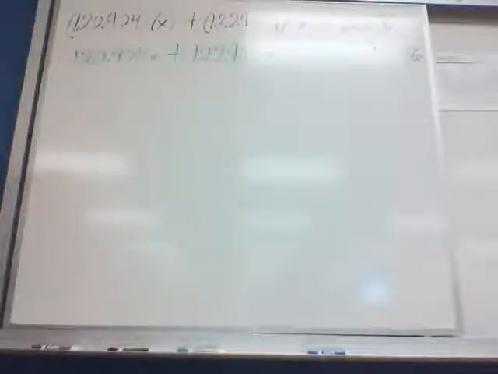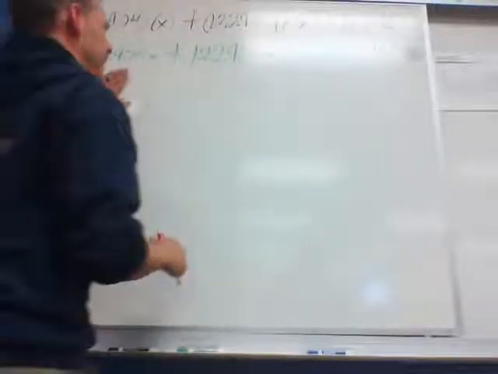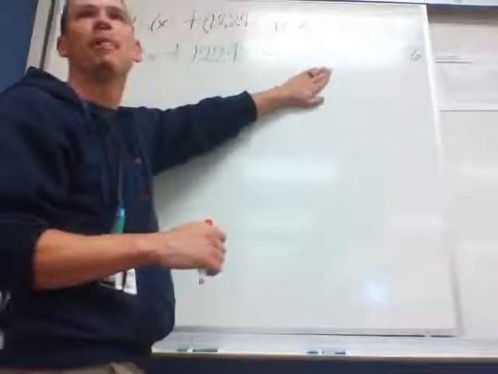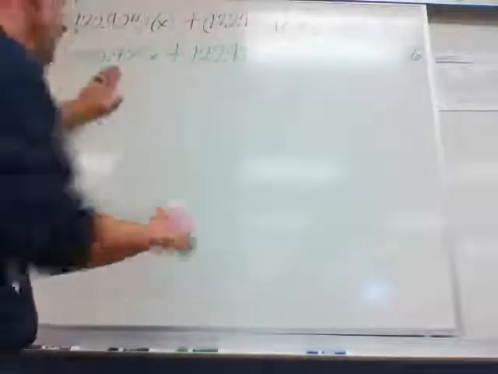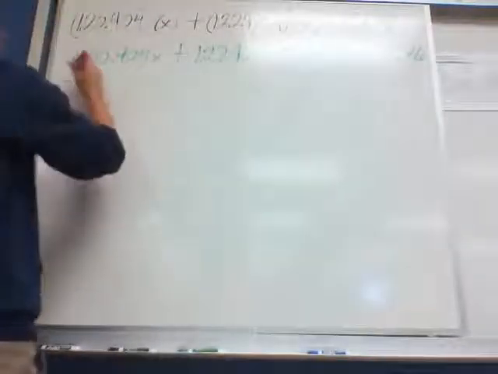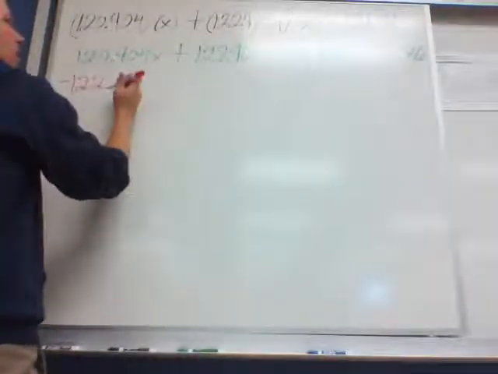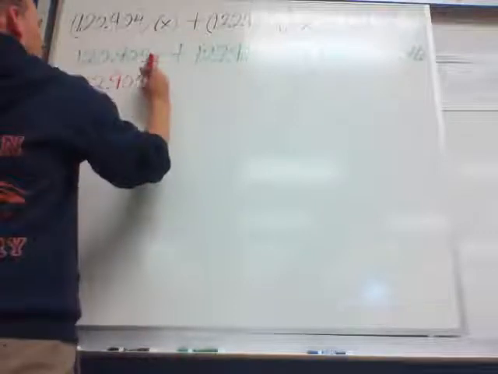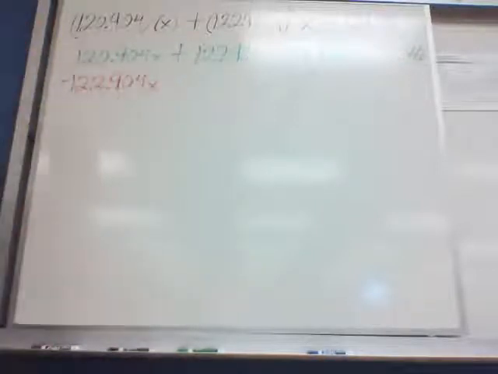Let's combine like terms. I see an X here and an X there. Let's put them together. This X minus that X. Let's bring it over here so we can see it. There it is. Combine the other like terms, no x and no x.